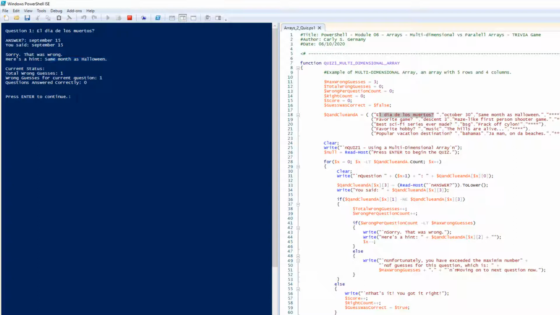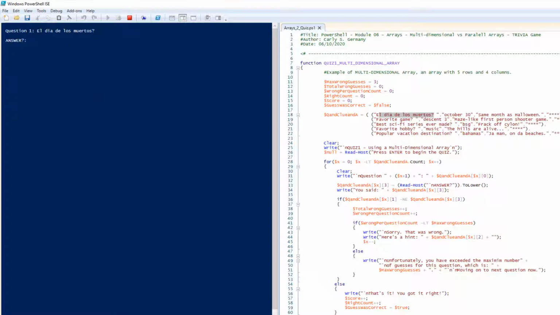So now that I know it's October, I'll roll over again and let's say I guess October the 31st. But no. Okay, so wrong guesses for current question is 2. My total wrong guesses is 2. I haven't answered any correctly, so that's good. Here's my hint.